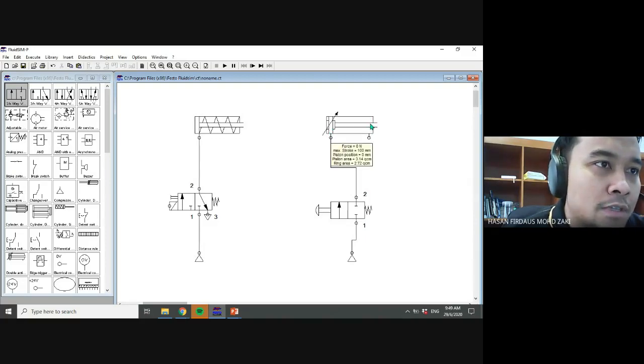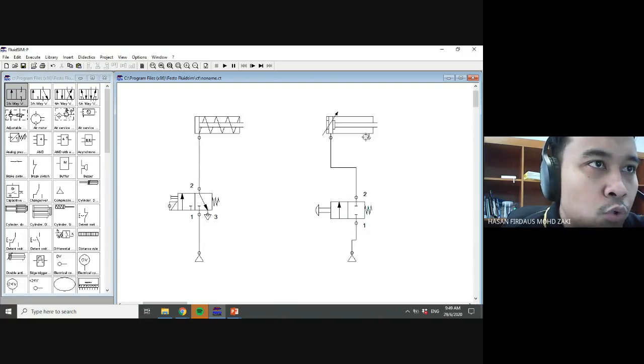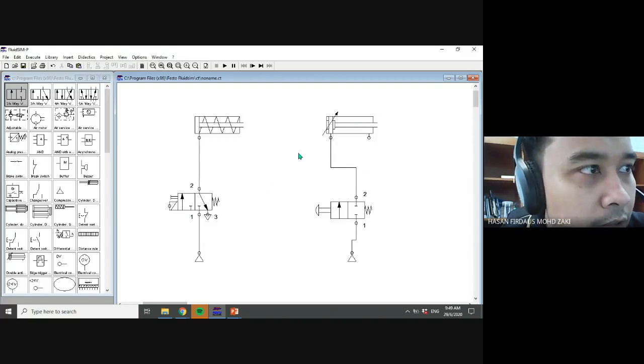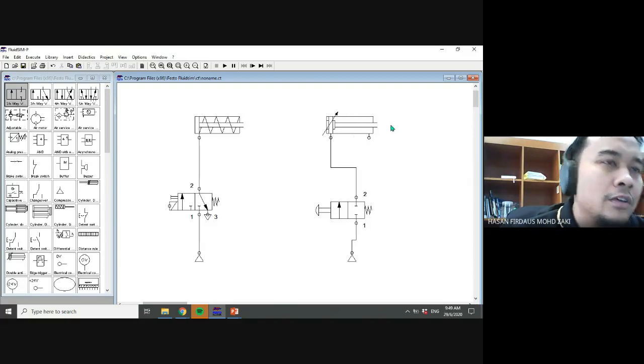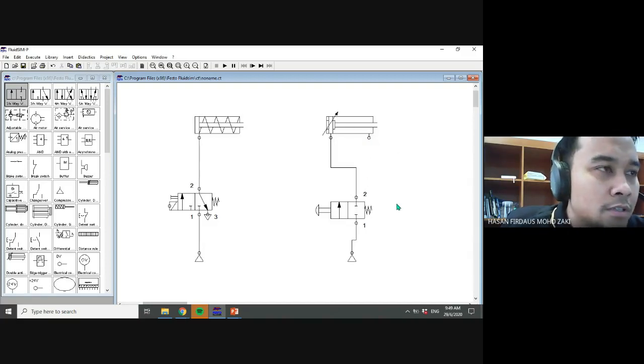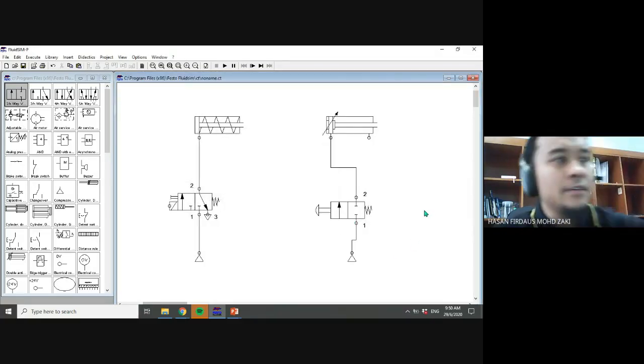Even if you release the push button, this position will still be used, but you don't have any flow to the spot at the right. So you cannot retract the cylinder anymore. It will be in the advanced position forever, unless you connect this to another control valve.